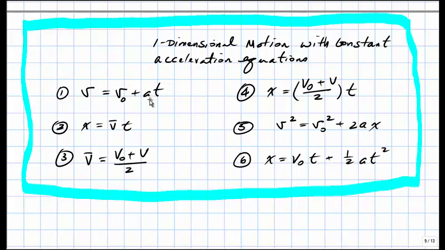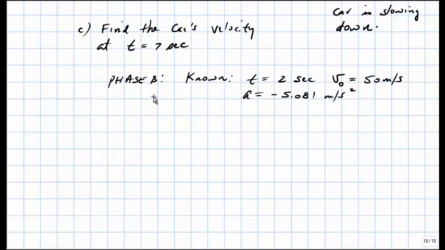Alright, so here's the box of equations, and the first equation has v in it, and we also know that v0 equals 50, the acceleration equals negative 5.081, and the time we determined equals 2 seconds. This is the equation that we'll be using. Okay, so v equals v0 plus at.